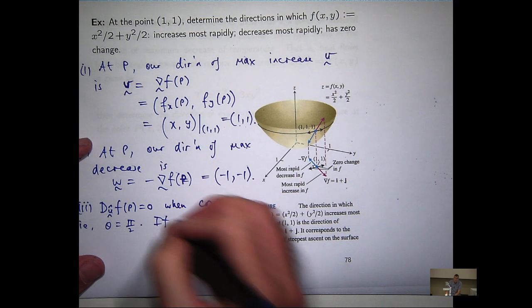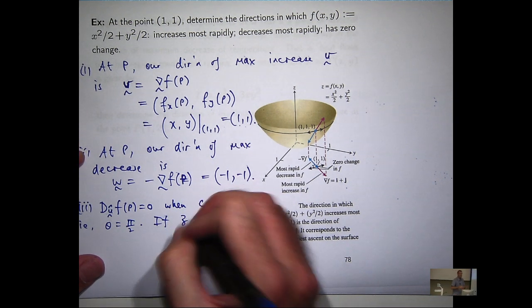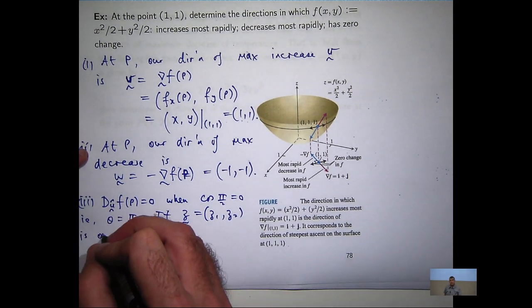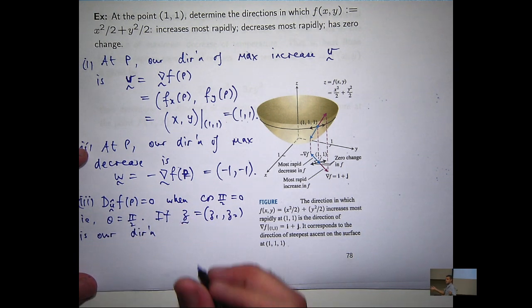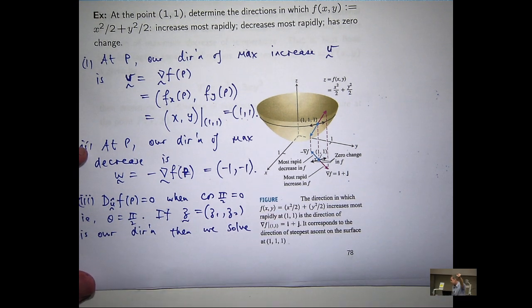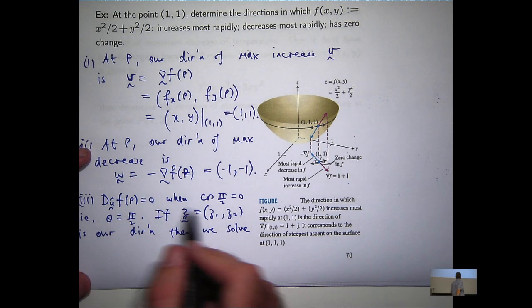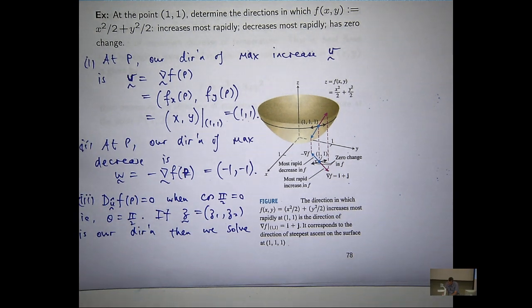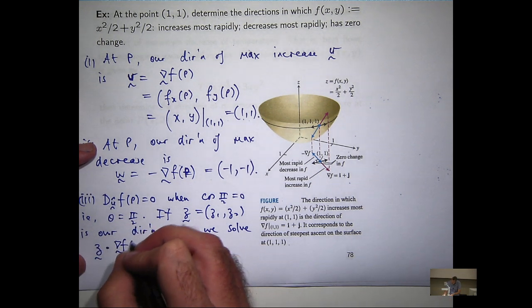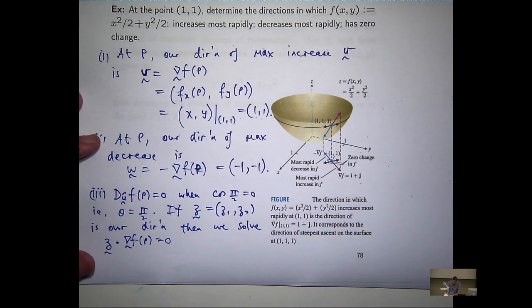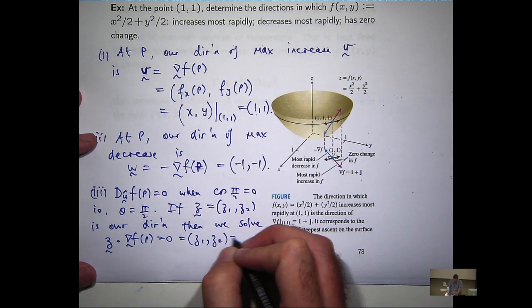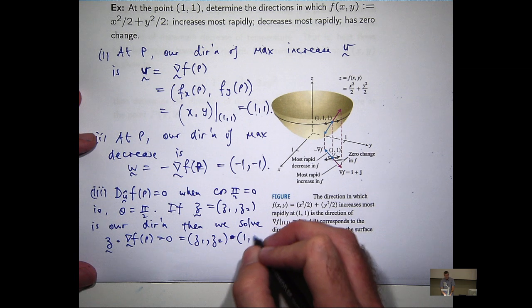So let's say Z is our direction. What we want to do is dot Z with grad f at P. So Z1, Z2 dotted with 1, 1.